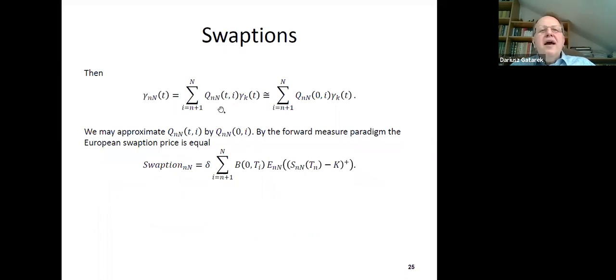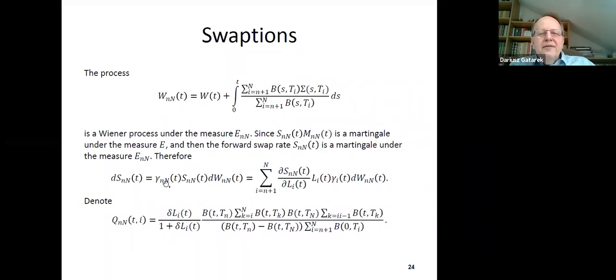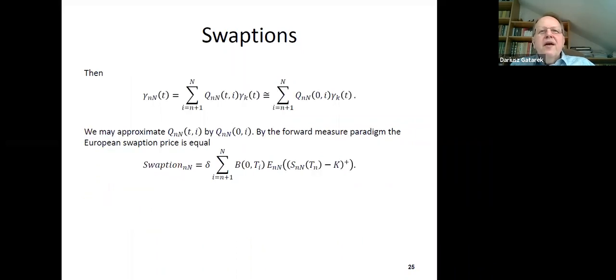But what's the function of Q? So gamma_{n,N} and gamma_k, which is deterministic, remind you, are linked mutually by this formula. Yes, here is gamma, so this is the swaption dynamics. Gamma_k represents the forward Libor dynamics.